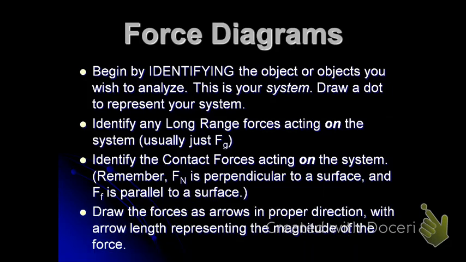We then represent those forces as arrows in the proper direction with the arrow length representing the magnitude of the force. What does magnitude mean? How strong it is. It's the size, the amount of force. So a lot of force, going to have a long arrow. Just a little bit of force, a short arrow.